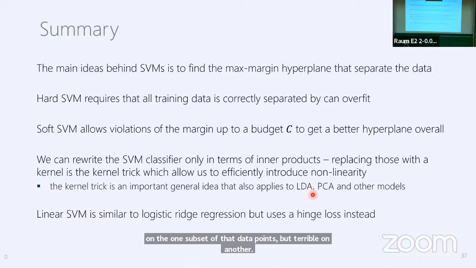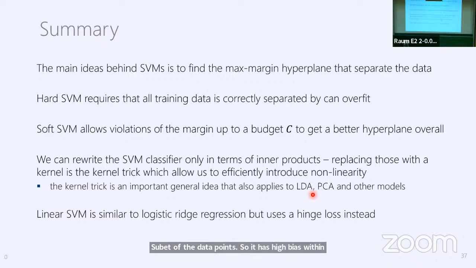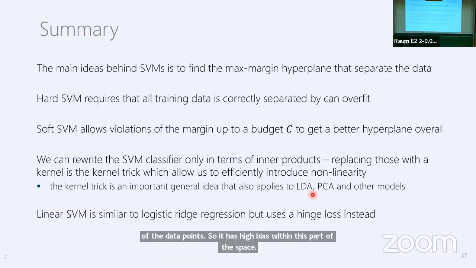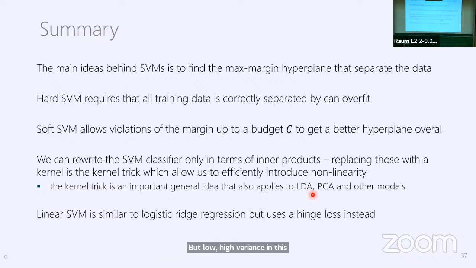So it has low bias within this part of the space, but high variance in this other part of the space. Then you can train another one which has the opposite behavior, and then combine them. But it highly depends on the problem, and it's not really a real science of how to combine these ensembles. It's more like people trying out things and seeing. Essentially, the only thing that matters in this case is how good am I doing on the test set.